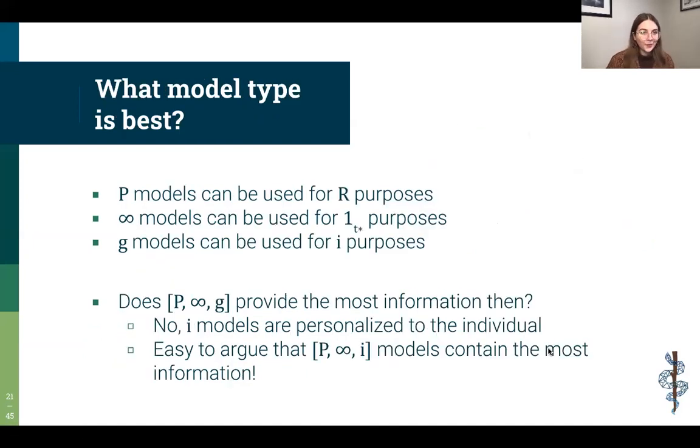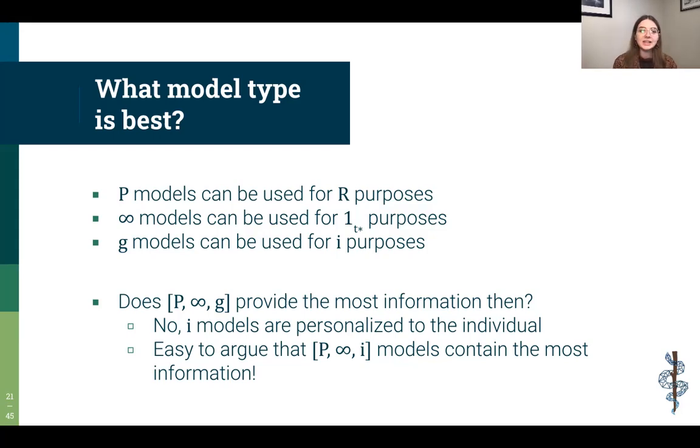So you may be asking, what model type is best here? Recall, you can use probabilistic models for risk purposes, et cetera. You might ask, does this probabilistic infinity value group model provide the most information? The answer is no, because these individual models are personalized to the individual, and that ends up being really important for personalized medicine.